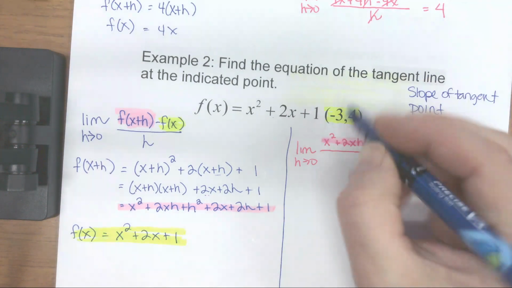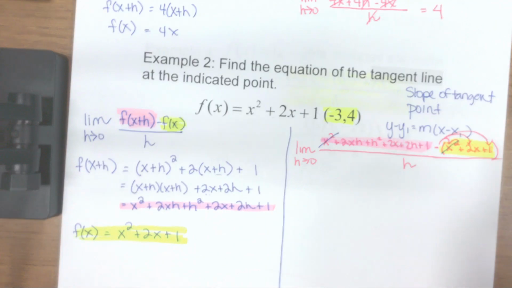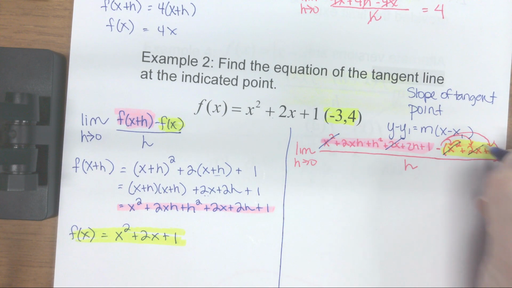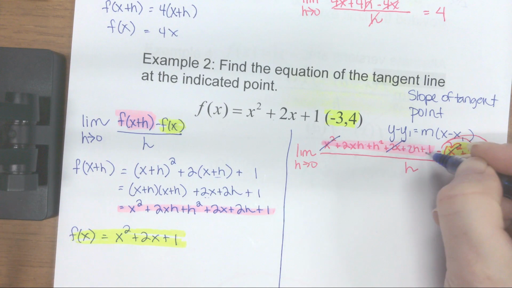So I heard an x squared. Are we all in agreement about that? What else? Okay, 2x minus 2x and the 1. Okay, well that was kind of cool.